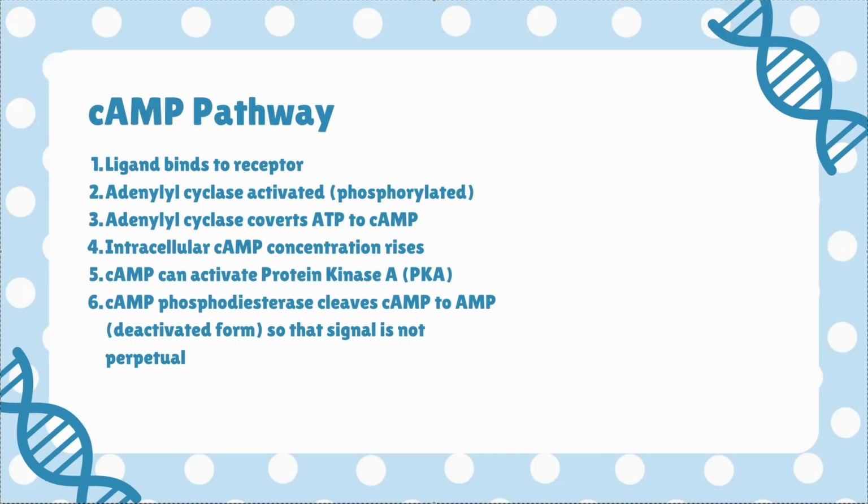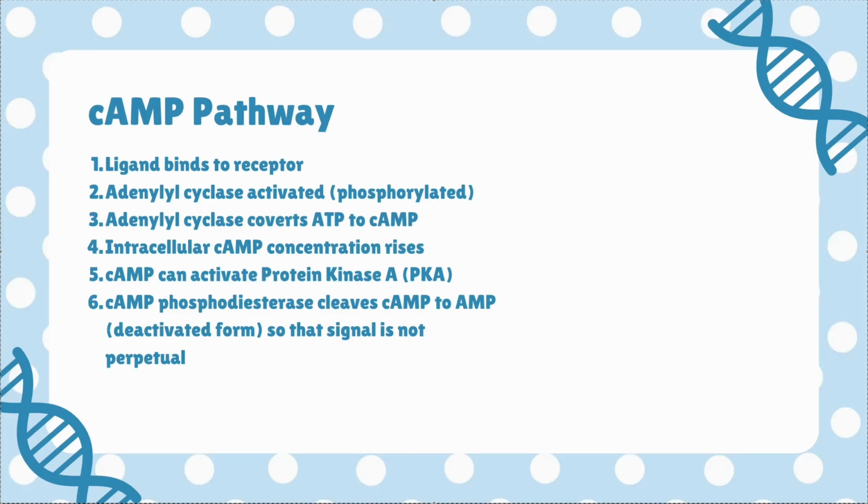And then intracellular cyclic AMP concentration rises. And then that cyclic AMP can activate protein kinase A. And then protein kinase A can further phosphorylate additional proteins. And cyclic AMP phosphodiesterase cleaves cyclic AMP back into AMP, its deactivated form, so that the signal is not perpetual, or that it's not endless.